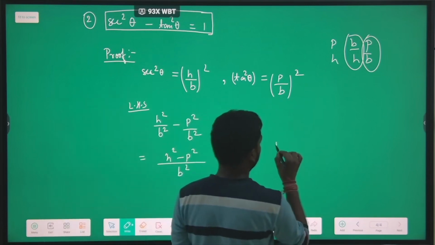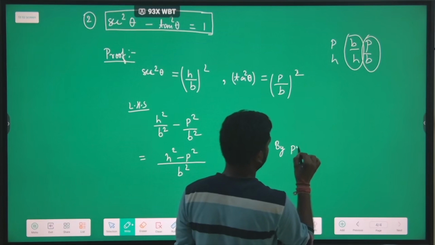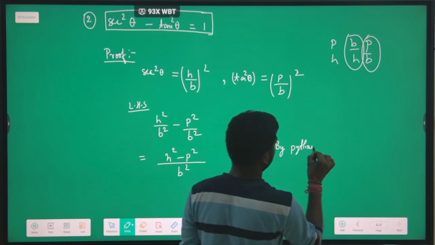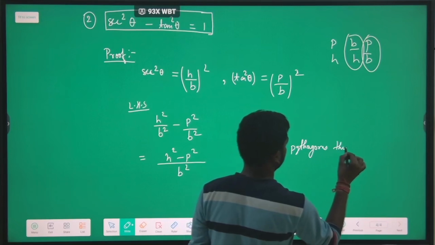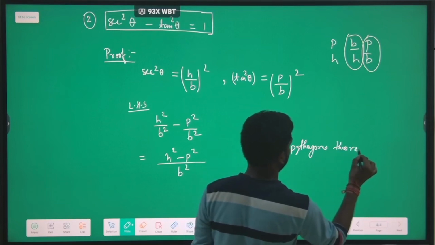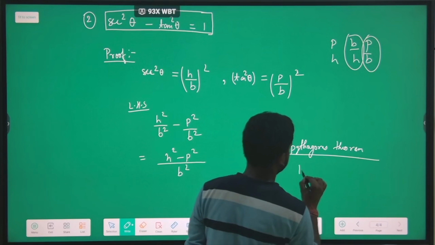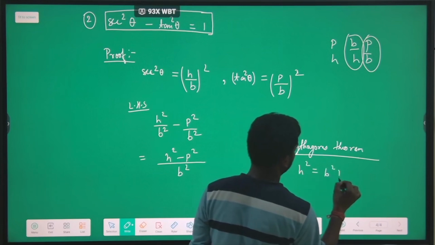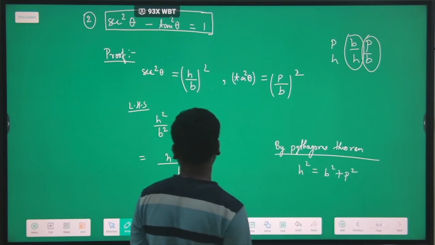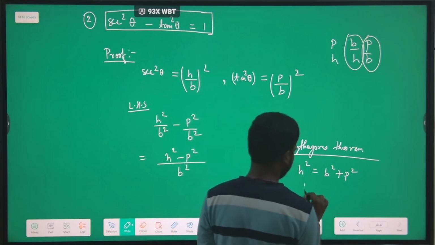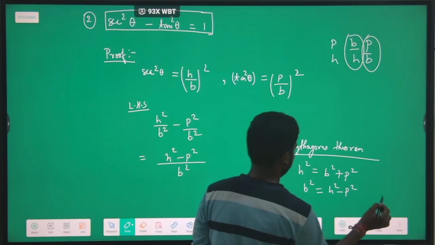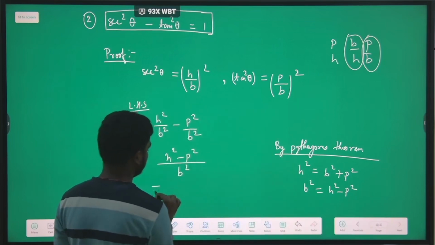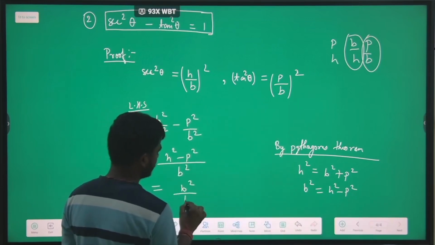We know that by Pythagoras theorem, h square is equal to b square plus p square. So this h square minus p square will be equal to b square.